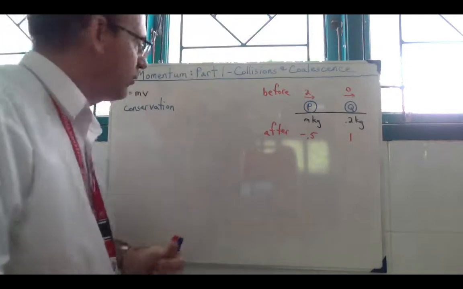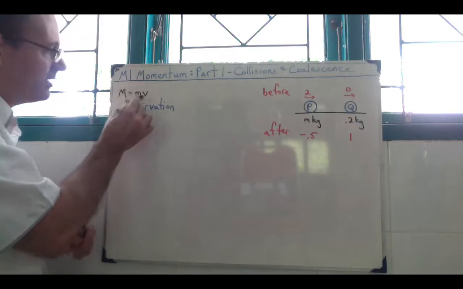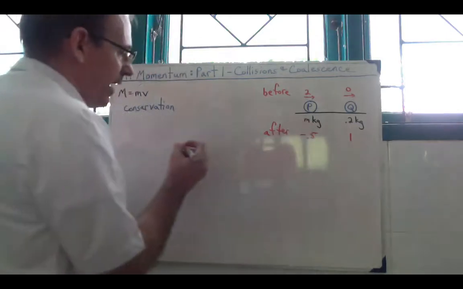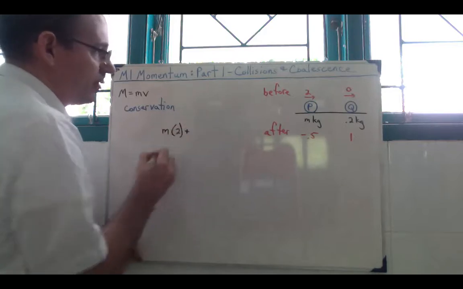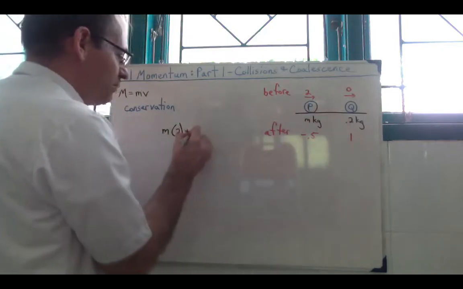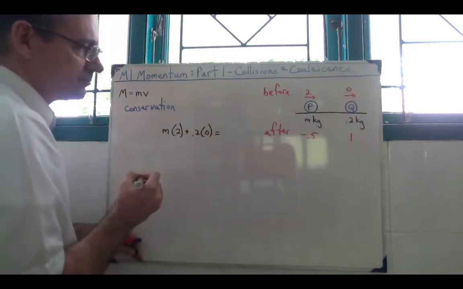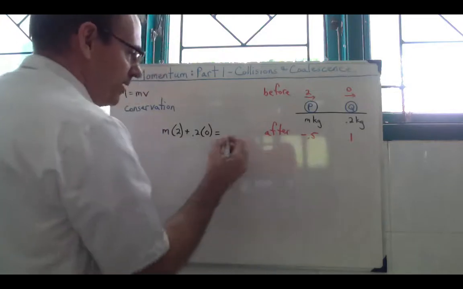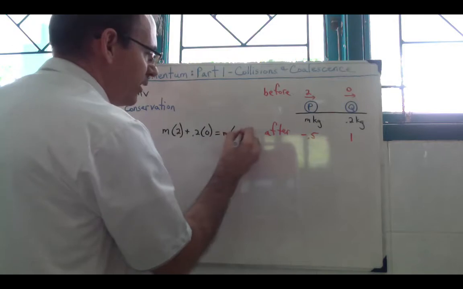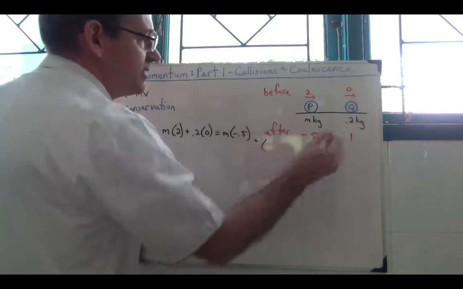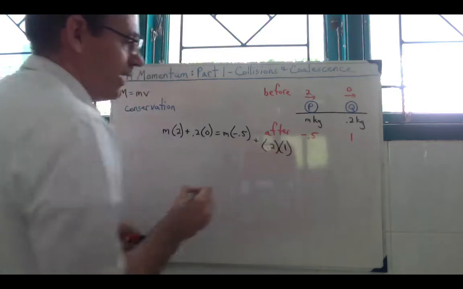So basically what we want to do is just follow our formula here. Momentum is mass times velocity. So our mass for particle P is m times 2, plus our mass 0.2 times 0, equals a mass m with a negative 0.5, plus we have 0.2 times 1.